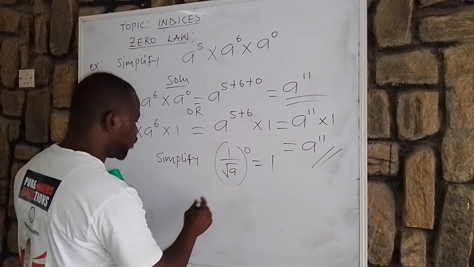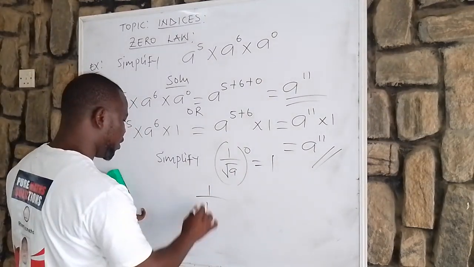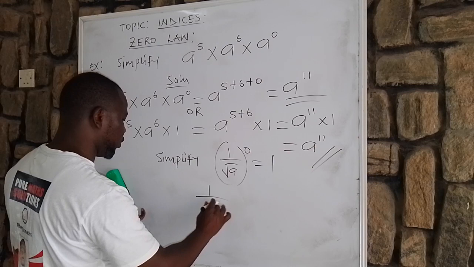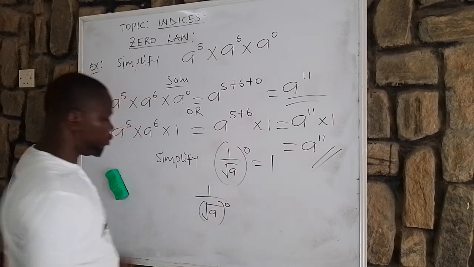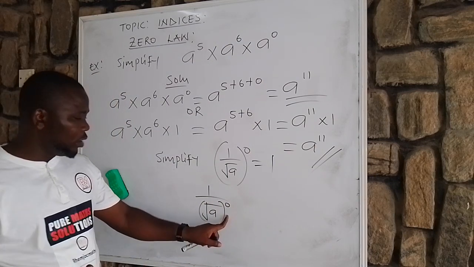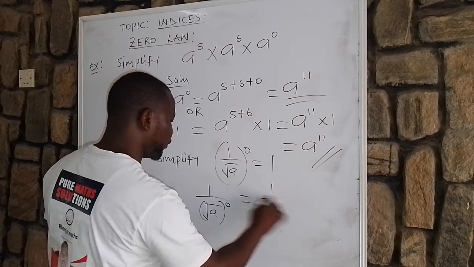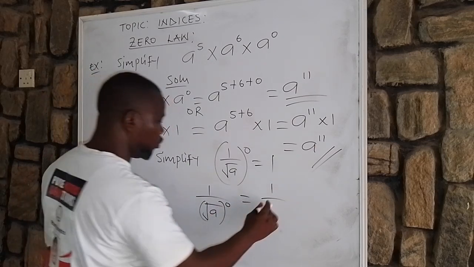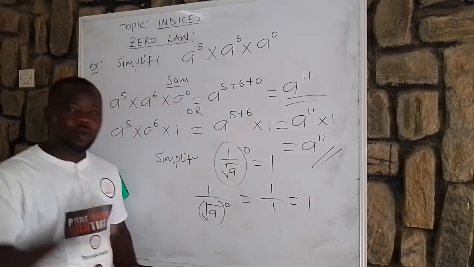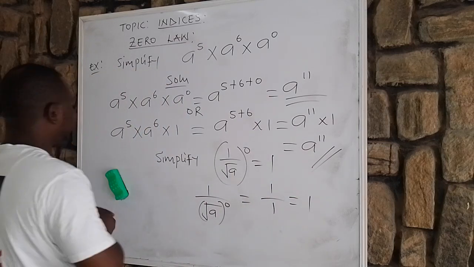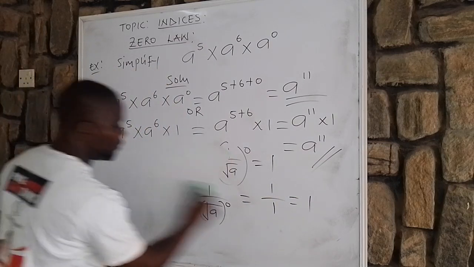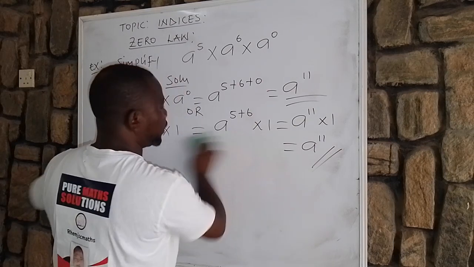But sometimes you may see questions like this: open bracket, square root of a, all in bracket, raised to power 0. You discover that the denominator here is 1, because of raised to power 0. So this is equal to 1. Please take note.